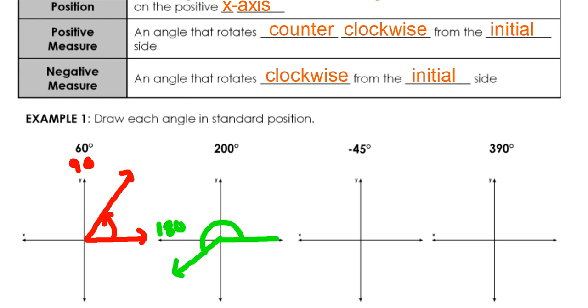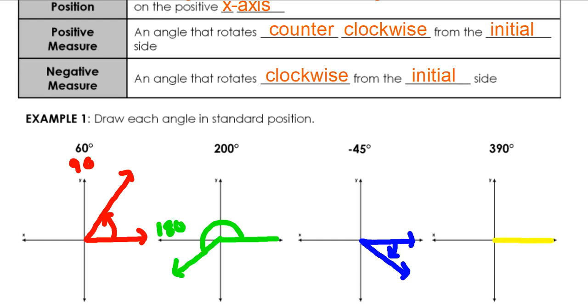All right, let's look at negative 45. So starting along that positive x-axis, now I'm going negative 45 degrees. So that's going to be halfway in that negative direction. And then our final one is 390. When I think about 390 degrees, that's more than one full rotation.